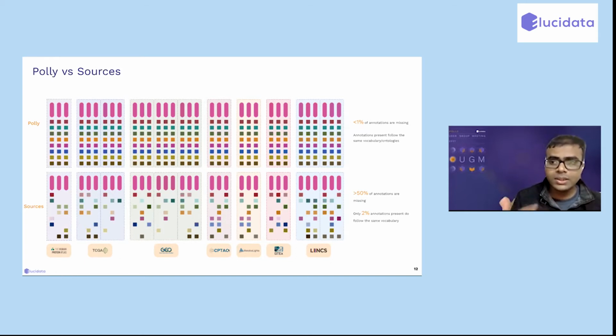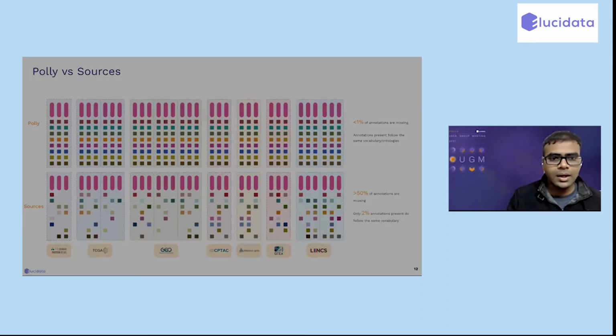If you have to search for data and use data, you will have to learn all of these different sources, while on Poly you have to learn only one, so that reduces a lot of time. We'll see more benefits in coming slides. But this is what we define as curation at scale.